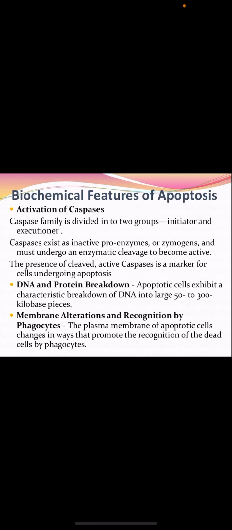DNA and protein breakdown: apoptotic cells exhibit characteristic breakdown of DNA into large 50 to 300 kilobase pieces. Membrane alteration and recognition by phagocytes: the plasma membrane of apoptotic cells changes in a way that promotes the recognition of dead cells by phagocytes.